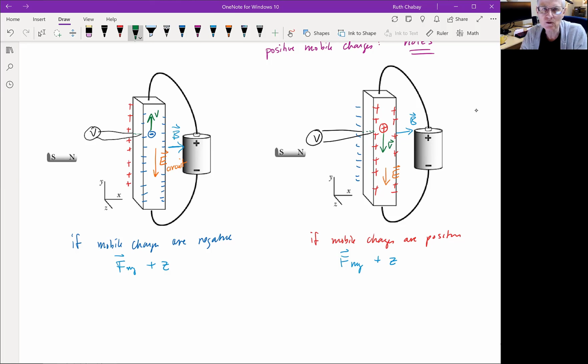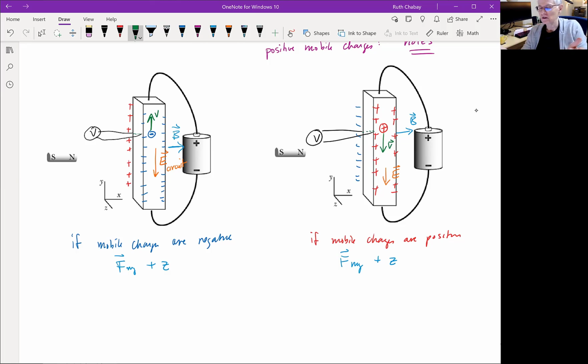We want to measure what's really a very tiny polarization. But if we do this, in one case, we're going to get a positive reading. In the other case, we're going to get a negative reading. And so we can actually tell whether the carriers are positive or negative.